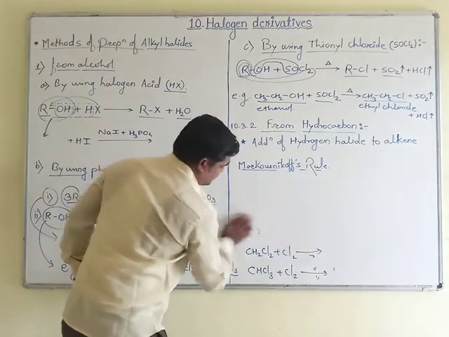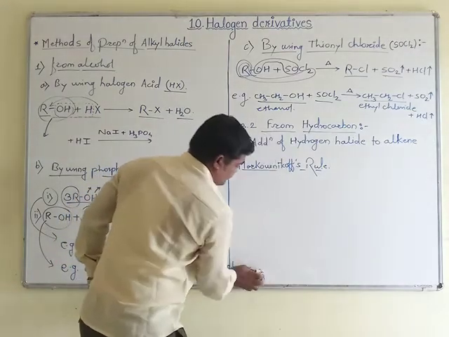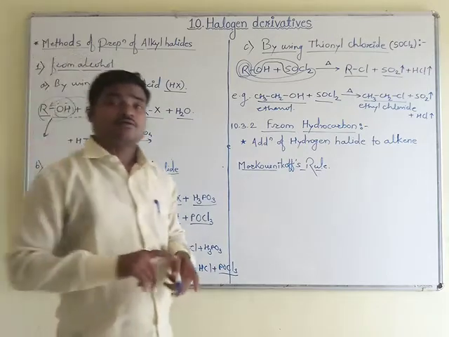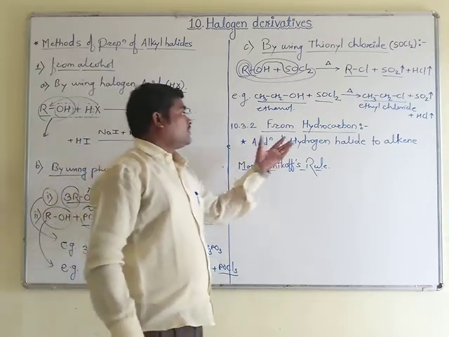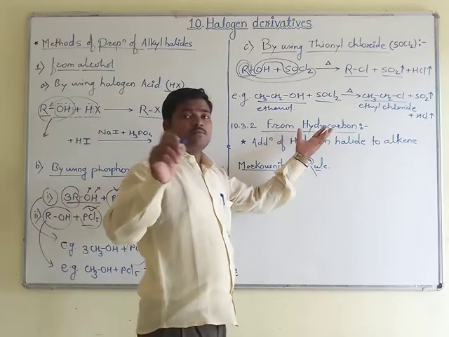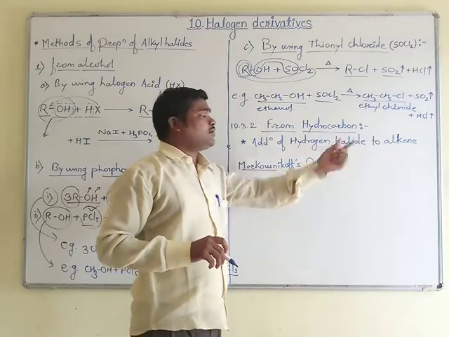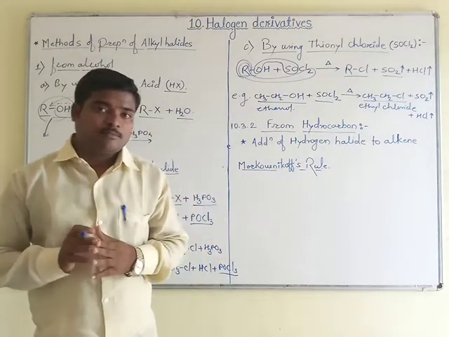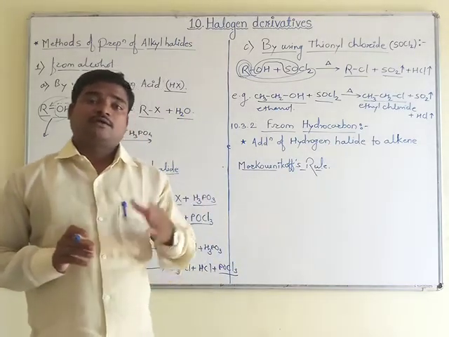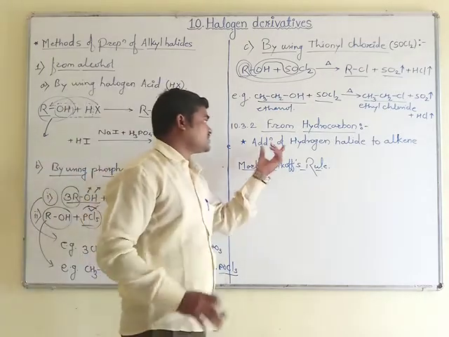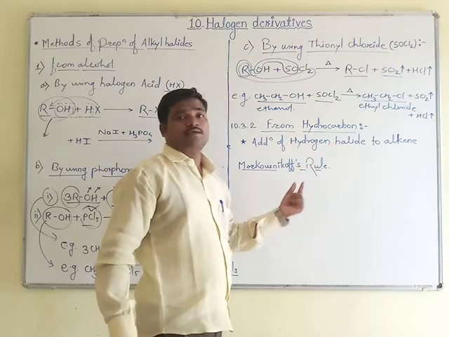Now after that we will see from alkenes. This is the important point. In hydrocarbons, alkene is also there. Addition of hydrogen halide to alkene. This is our main point which we have to focus on in this chapter, that is addition of hydrogen halide to alkene.